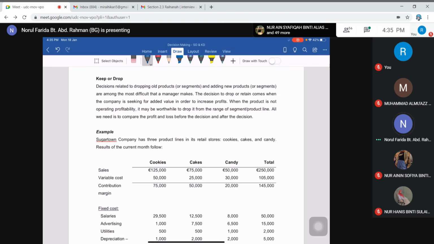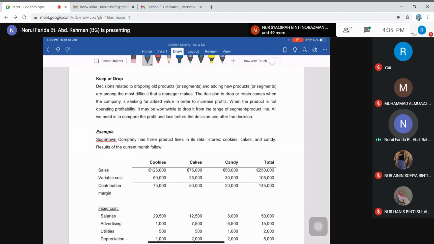Keep or drop is more harder for you to make a decision because you kena analyse every cost yang ada, macam ada dia relevan atau tak, and most of the time bahagian keep or drop ini menyebabkan you confused sama ada that cost itu relevan atau tidak relevan.